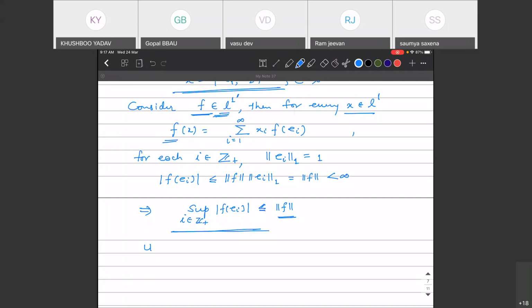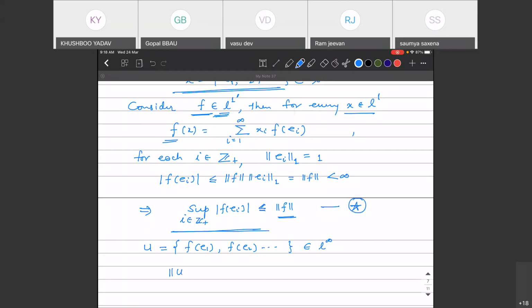If you take u equal to f of e1, f of e2 and so on, this is a sequence, and this is in L infinity. So from star, what are we getting?